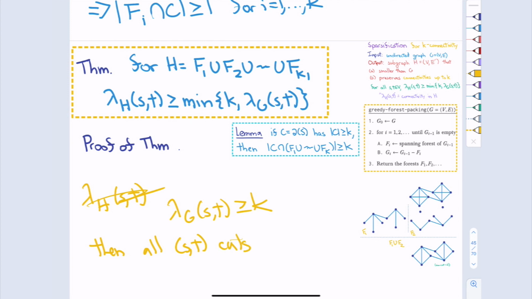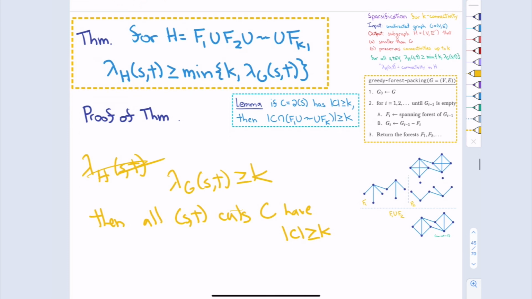So all ST cuts, I'll call it C, have by definition at least K edges. And what we just showed is that C in H has to have at least K edges. That's what we showed in the lemma.